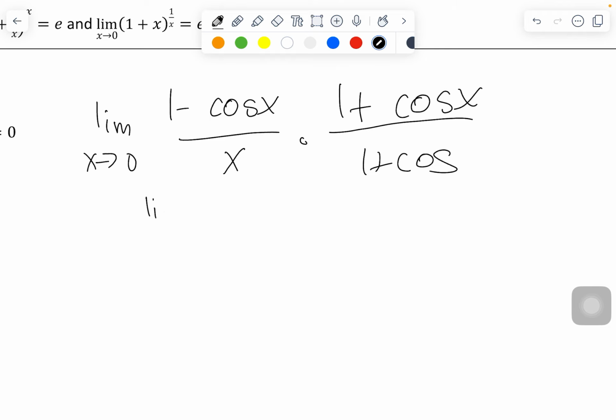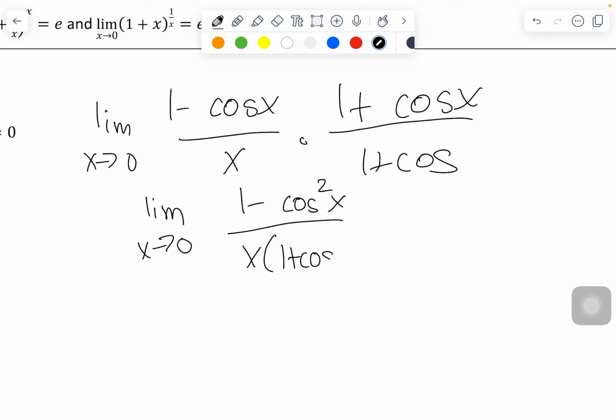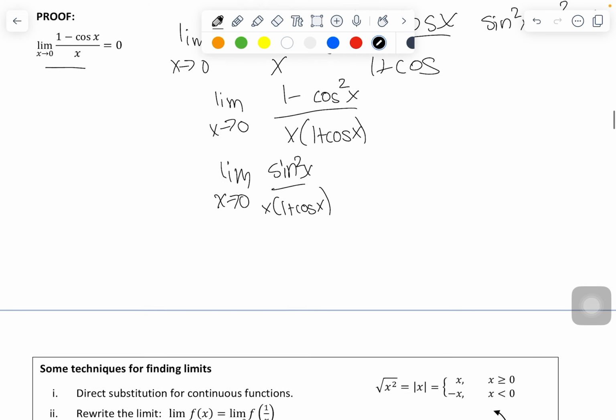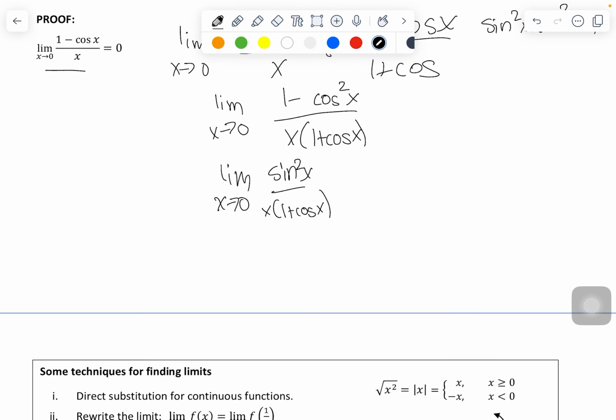So then we get, and then we know using Pythagorean identities. And then what we can do is we can take out sine x over x, right?